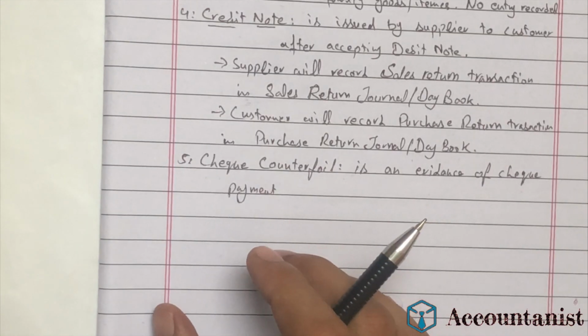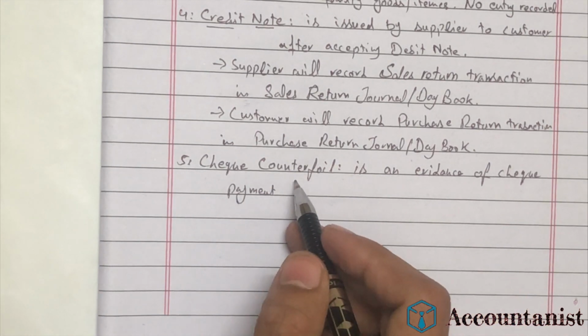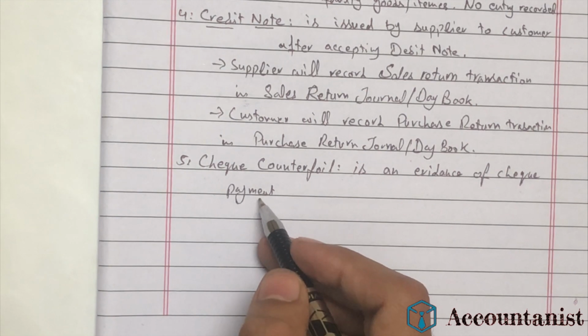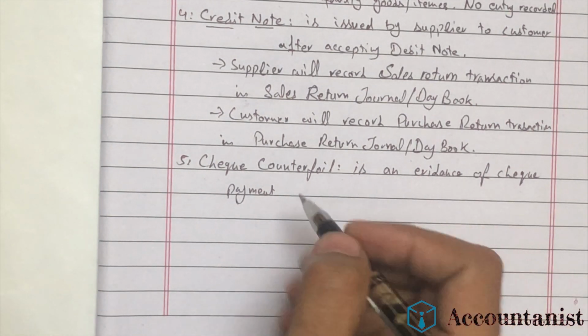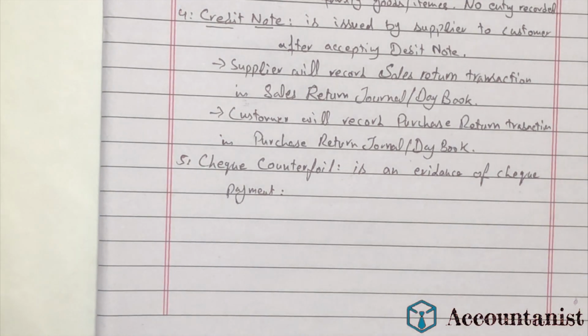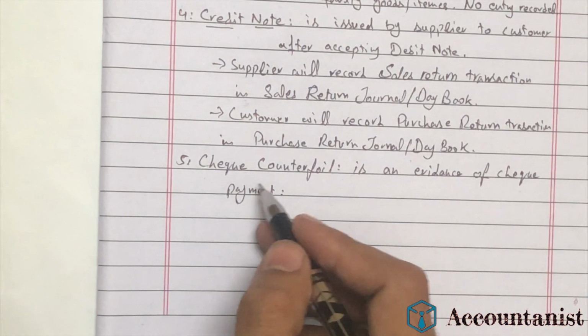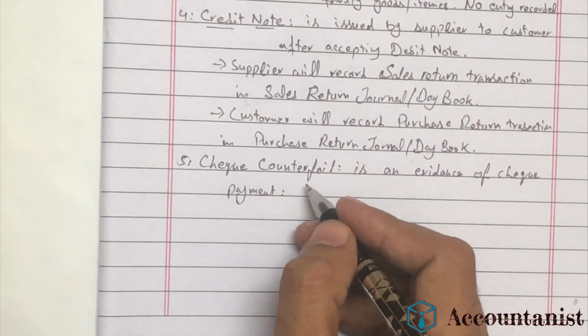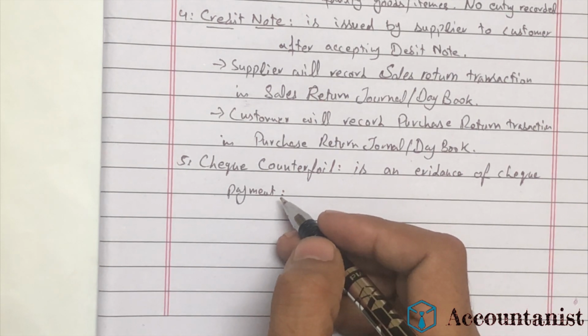Different banks do have different information on it. The customer issues the cheque, so we record the customer's record from this counterfoil, because the customer makes a payment.